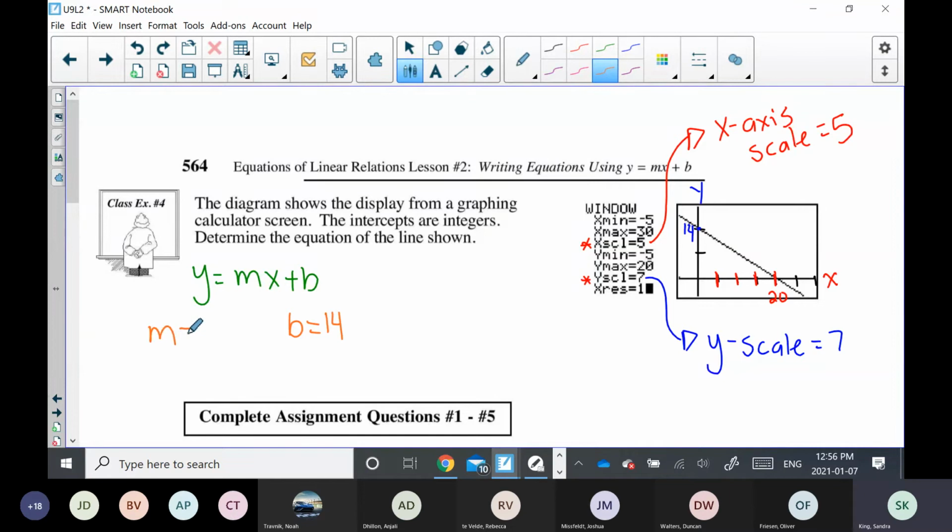Now I'm going to show you the two different ways to do this. Some students would be able to look at this, from this point here to this point, and say, what are you doing? You are falling 14, and you are running from here to here, 20.